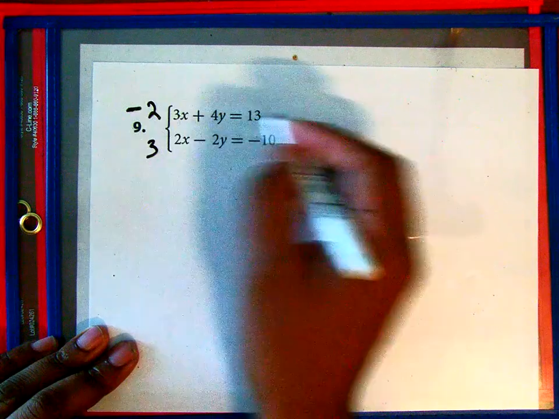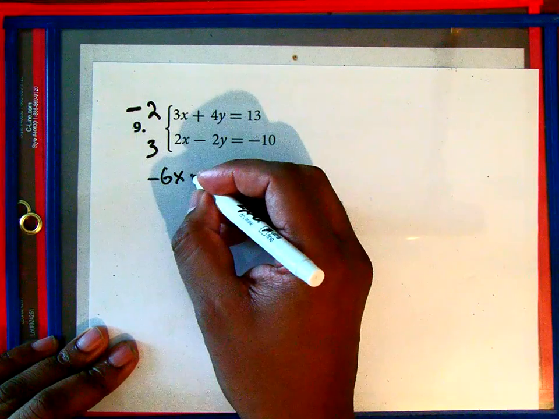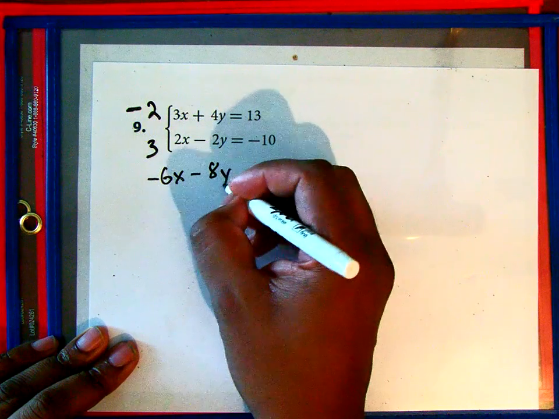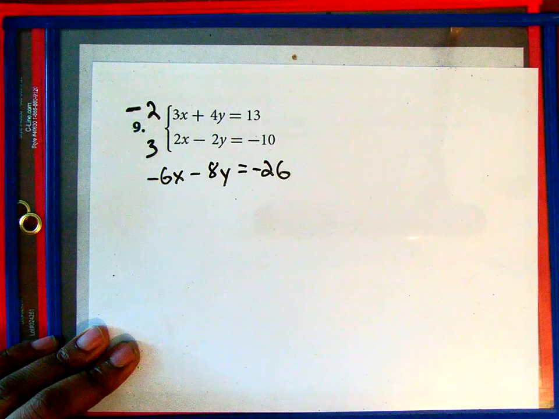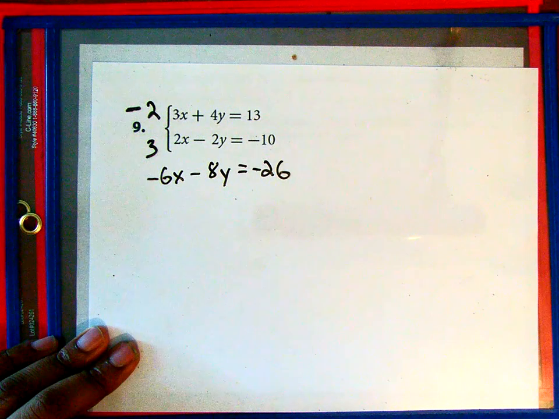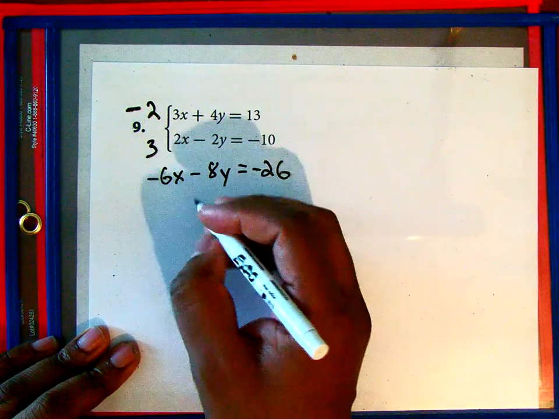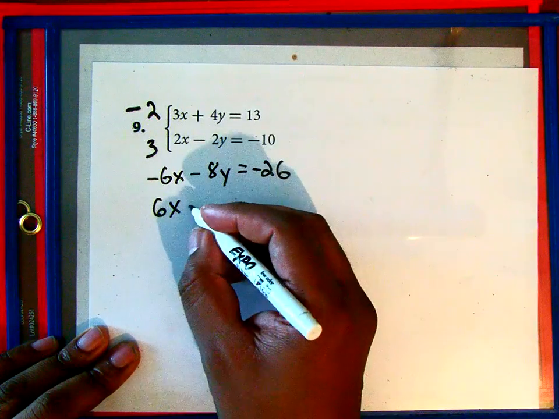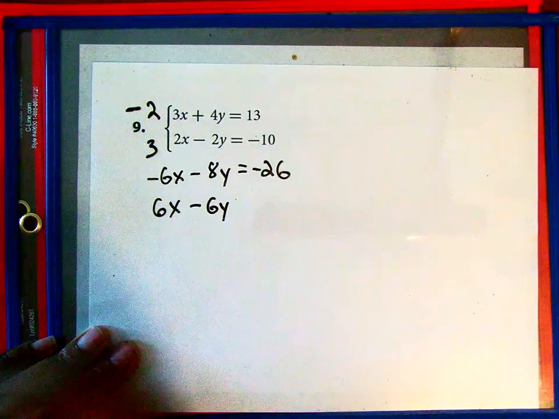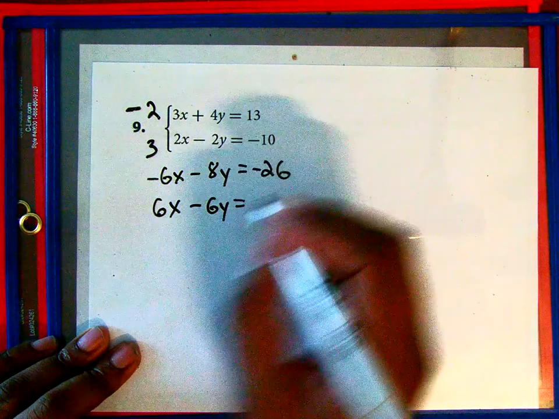So I'm going to multiply across the top, and I'll get negative 6x minus 8y is equal to negative 26. Then multiply across the second one here, and that's going to get me a positive 6x minus 6y is equal to negative 30.